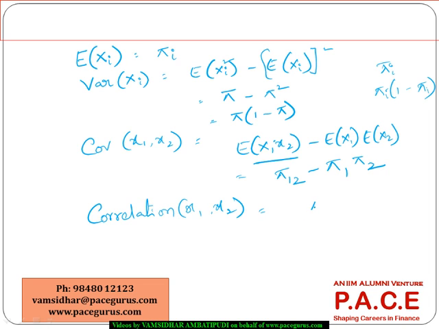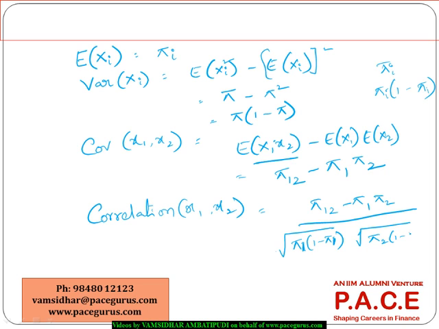I can write it as covariance divided by the standard deviation of the first one into the standard deviation of the second one. So this is how we compute the default correlation between two sets of credit positions. If I want to find out the default correlation between them, this is the mechanism.